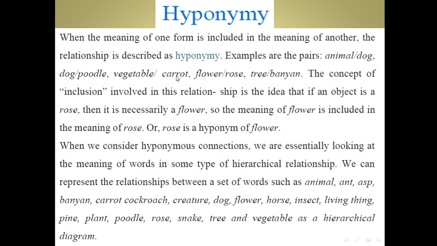So, when a word is a kind of the other or included in the other, they are hyponyms. Flower and rose. Rose is included in flower, or we say rose is a kind of flower. So they are hyponyms. Tree and banyan. Banyan is a kind of tree or included in tree.